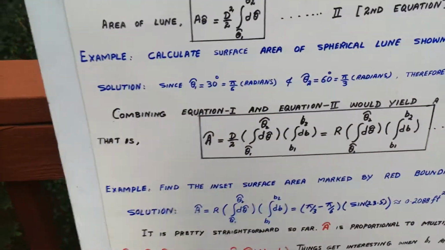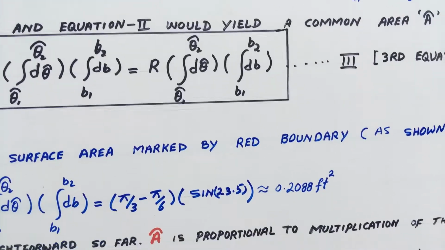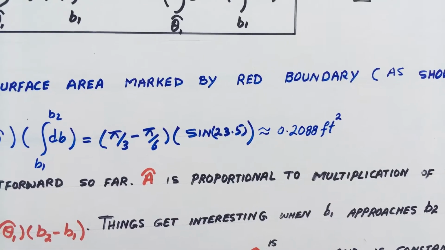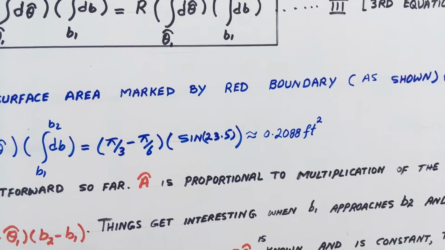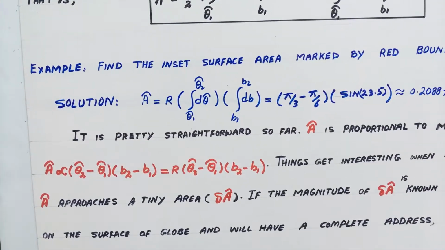So we'll get an answer approximately equal to 0.2088 foot square. It is pretty straightforward so far.